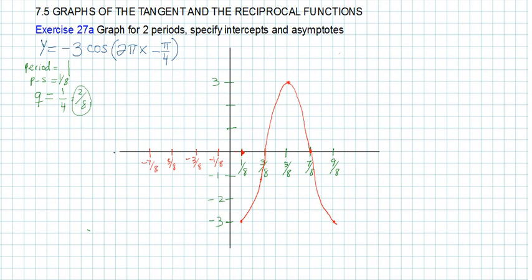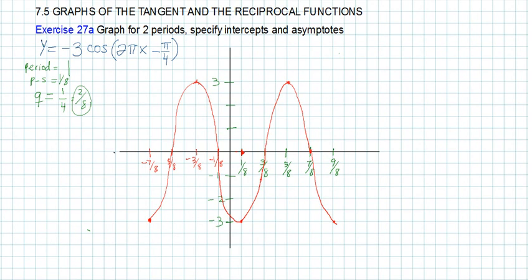And then I can complete my bell here. And I end up at the amplitude. So that's 2 periods. One bell is 1 period, 2 bells, 2 periods.